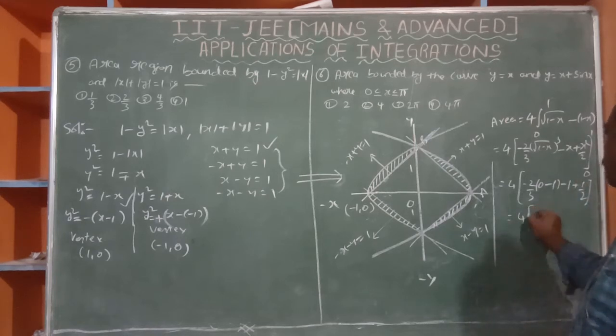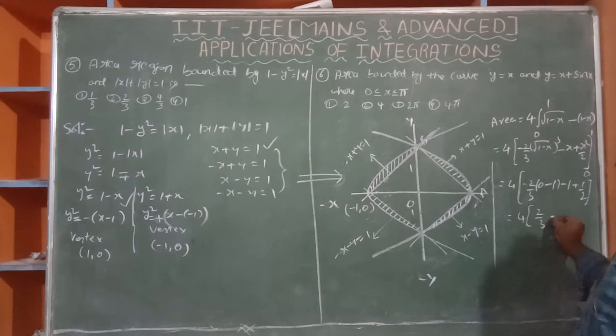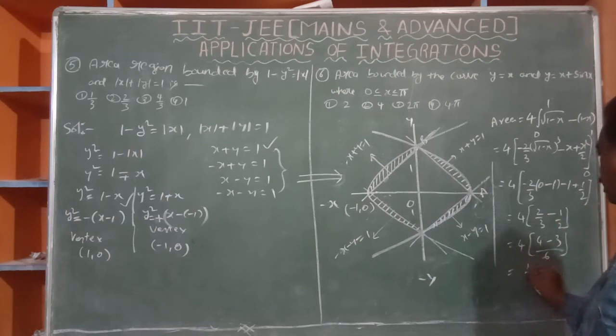So it is 4 times 2 by 3 minus a half, plus minus 1 plus half minus the half. So it is 4 times 4 minus 3 by 6, which is 4 by 6, that is 2 by 3 square units.